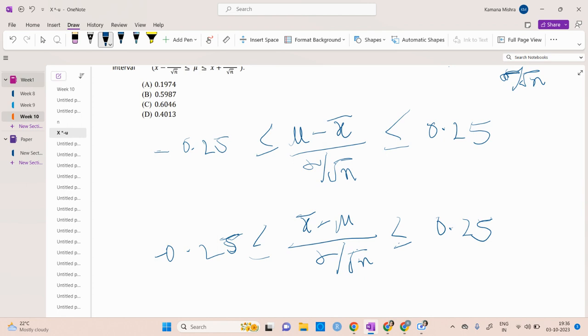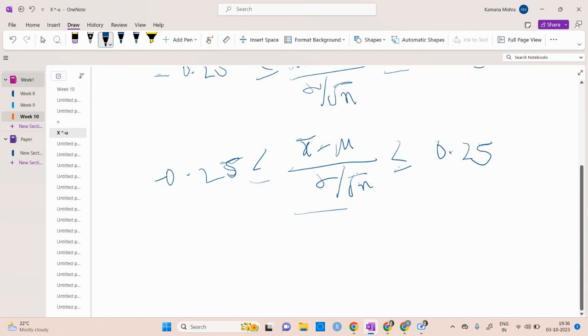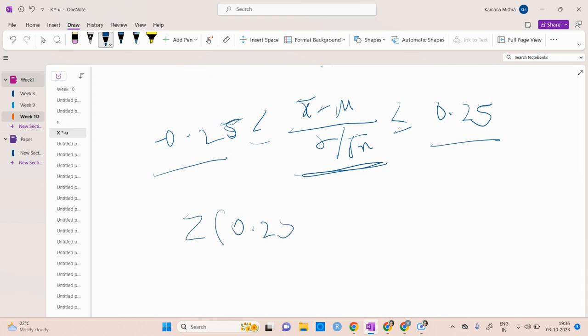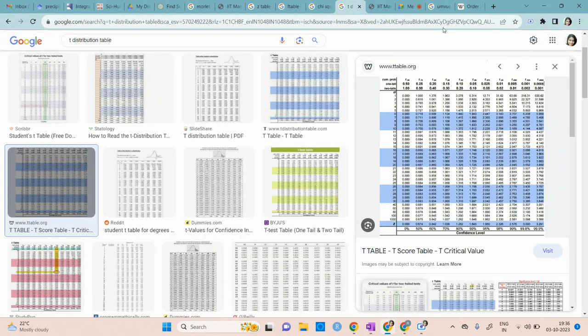Okay. So now, what is this? This is the standard normal variate. So this is z at 2.5 minus z at minus 2.5. So now we can go through the z table.